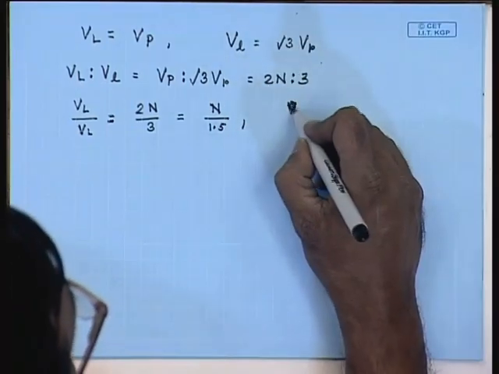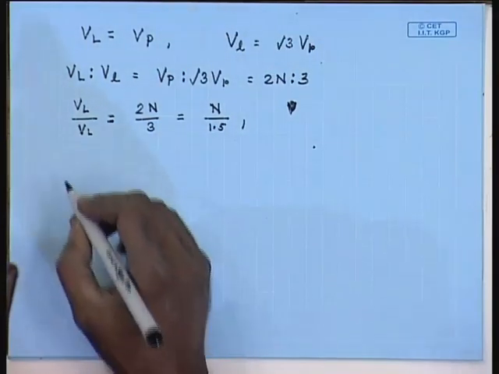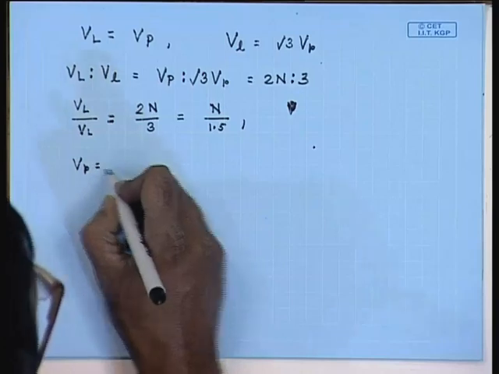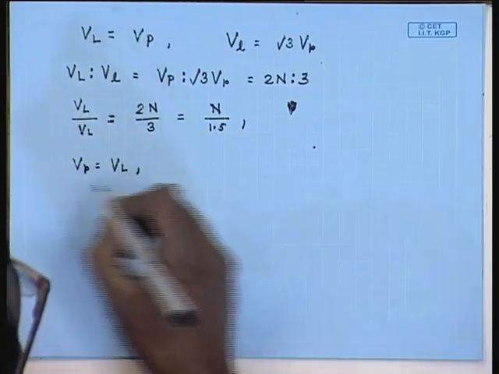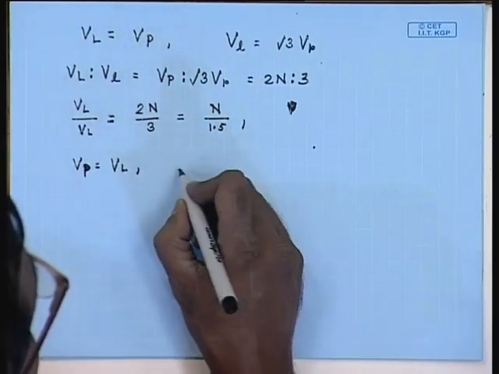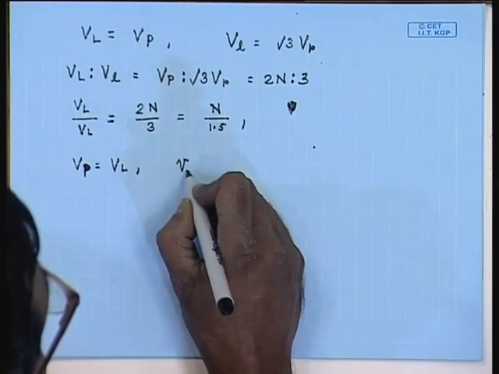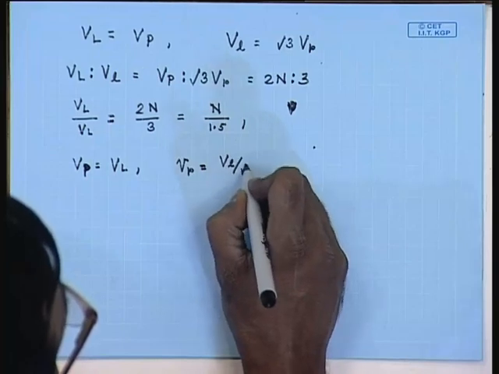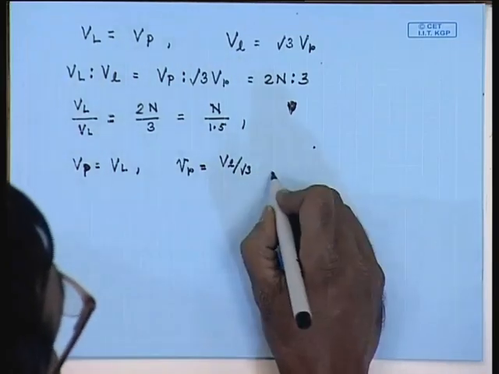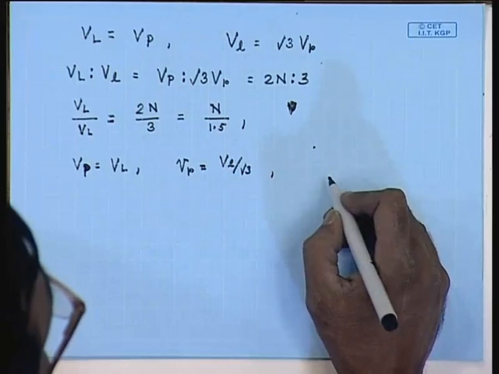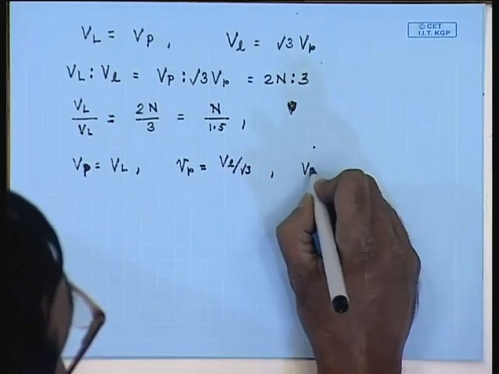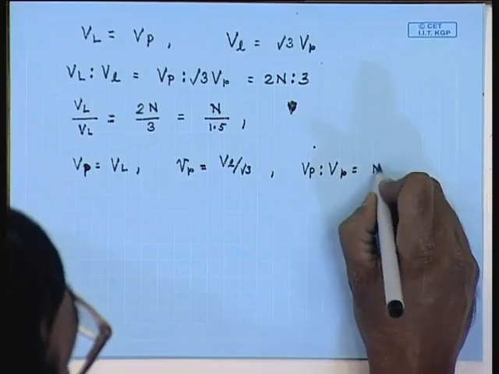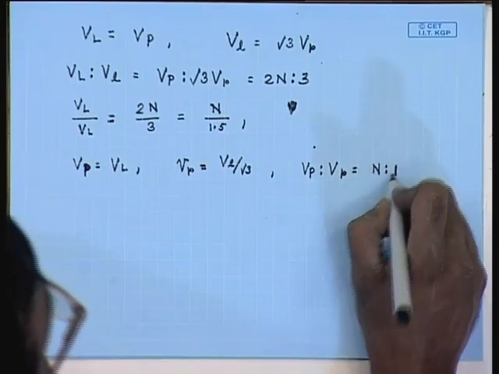For example, for a delta star connection, the V_P equal to V_L. On the other hand, on the star side V_p equal to V_L by root 3. For a delta star connection, V_P is to V small p would have been equal to n is to 1.